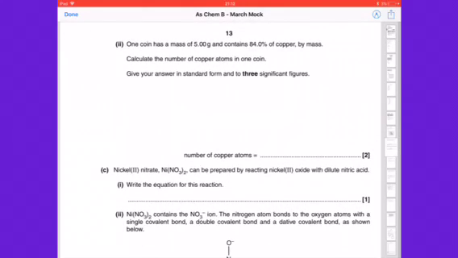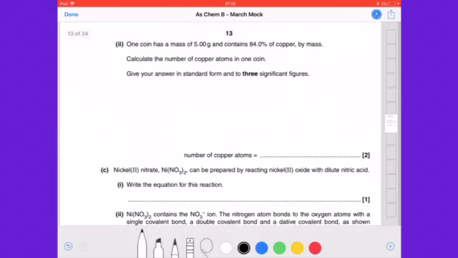This is a bit more of a difficult calculation. There's quite a few steps to it. The first thing is you need to work out what 84% of 5 grams is. If you do that, you should get 4.2 grams. That is the mass of 84% of the coin. Then you would have to work out the moles of copper in the coin.